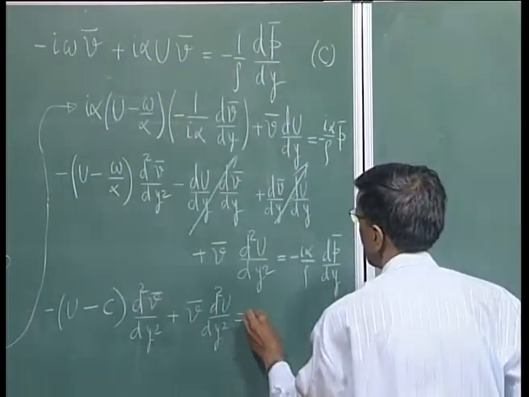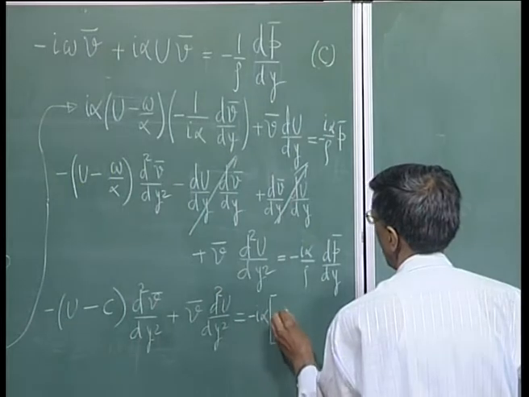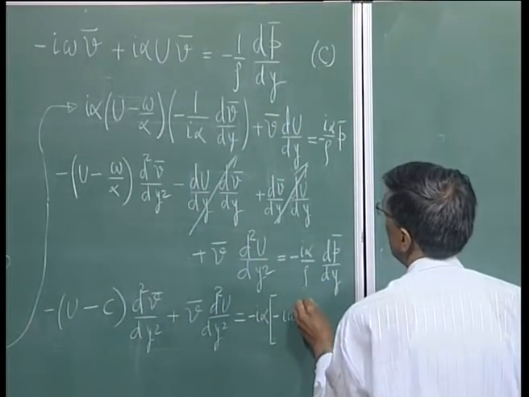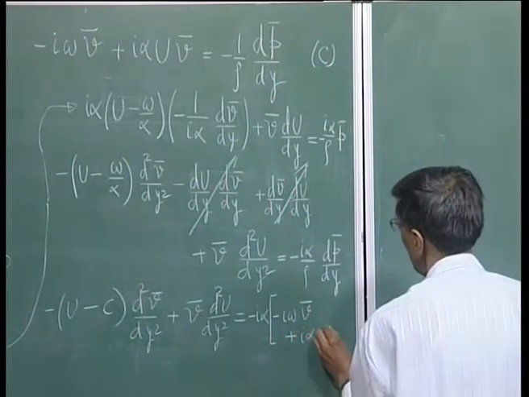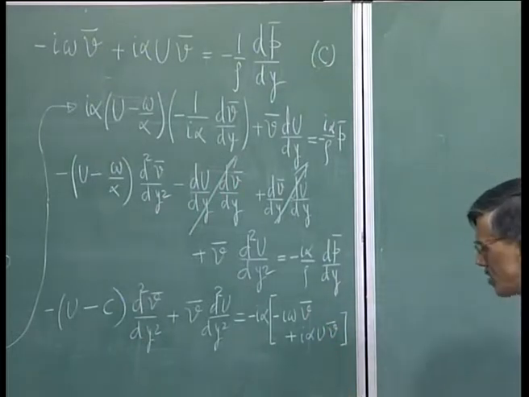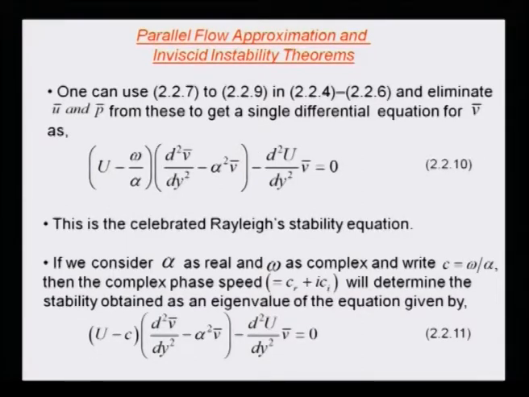So I will get minus I alpha, and within the bracket I will have that expression, minus I omega v bar plus I alpha u v bar. So this is a simplified form. We have eliminated basically u bar and p bar, and this is what we get. That is the equation, simplified. There we have retained omega by alpha as it is, but that is what you are going to get.